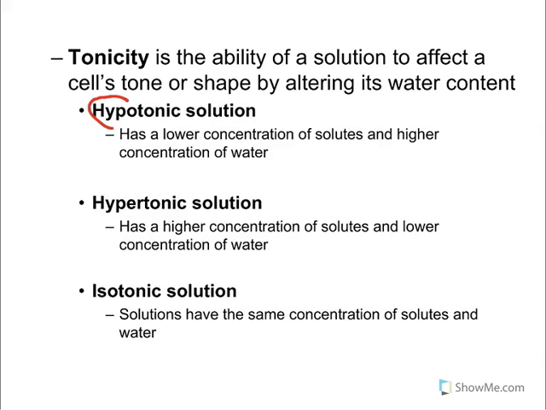Hypo means low. So here we have a low concentration of material and a lot of water. Hyper means we have a lot of something. If you're hyper, you have a lot of energy. Here, we have a high concentration of solutes and a little bit of water. Isotonic, everything's equal. We have the same amount of solutes and water.